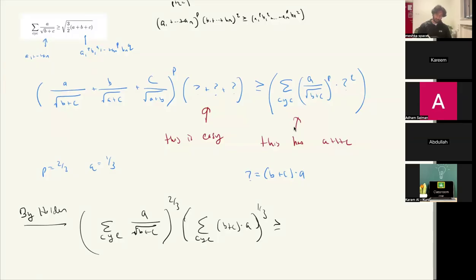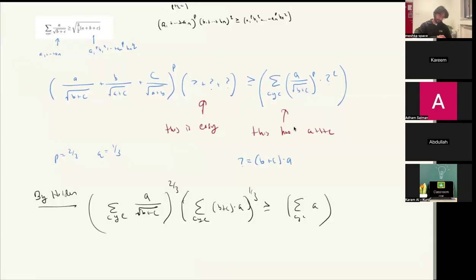This is greater than or equal to, and now because of the choices we made, on this side we really get just a, right? Because the b plus c and the root b plus c cancel, and then we have a to the 2/3 and a to the 1/3, we get a.